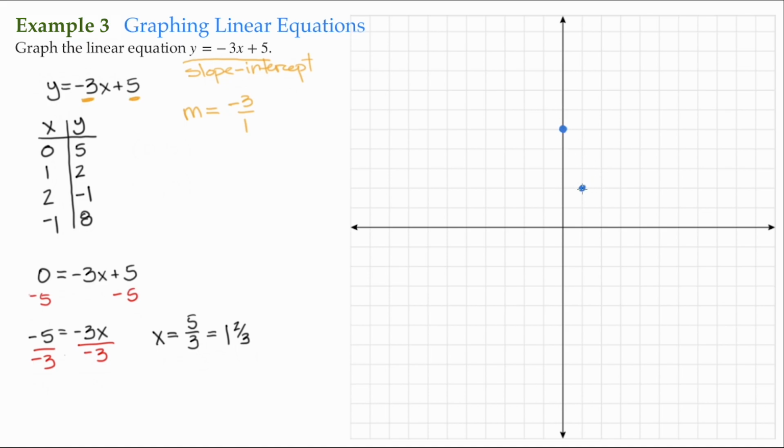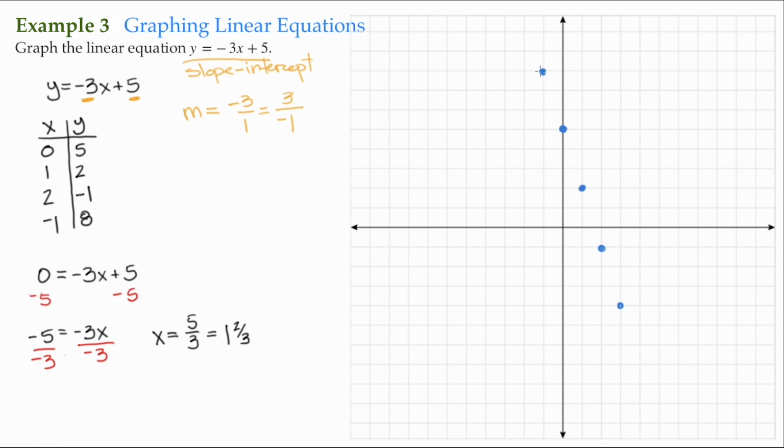Or I can keep doing it. Go over 1 and down 3, 1, 2, 3. Over 1 and down 3, 1, 2, 3. Also keep in mind that this can be written as 3 over negative 1. That's still a slope of negative 3. So all we have to do is come back 1 and up 3, 1, 2, 3.